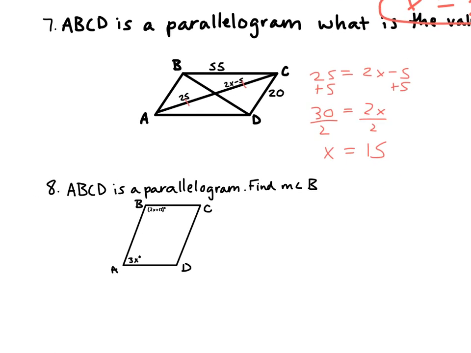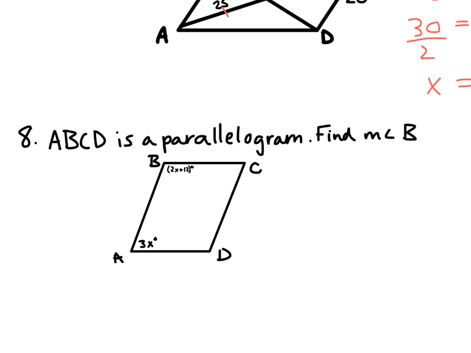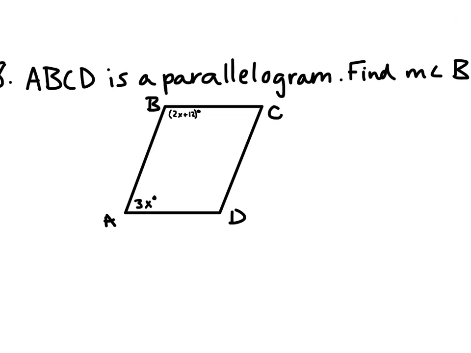Number 8. ABCD is a parallelogram. Find the measure of angle B. What do we need to do here? What type of angles are A and B? Supplementary, because they're consecutive angles.